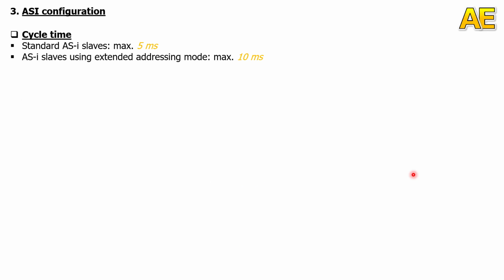First is cycle time. With the standard ASi slave, it is a maximum of 5 milliseconds. And with the ASi slave using the extended addressing mode, it is a maximum of 10 milliseconds.